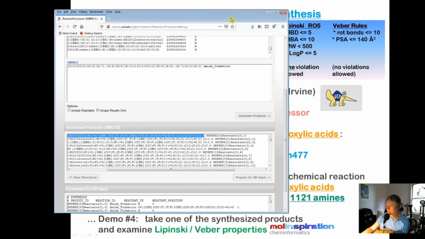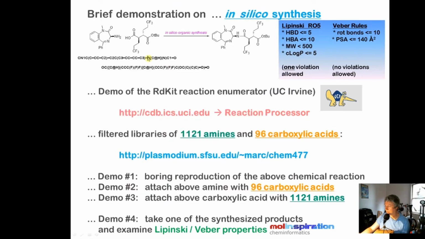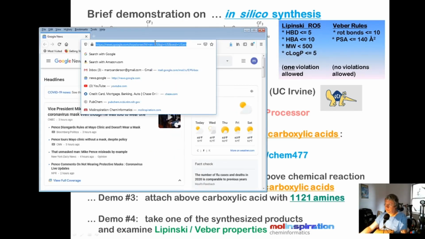Okay, and that's a product, an organic molecule we just made. And what I'm going to do is use the Molinspiration website, which we used before for Lipinski and Veber criteria. And let's do that real quick. All right, so let's go to Molinspiration.